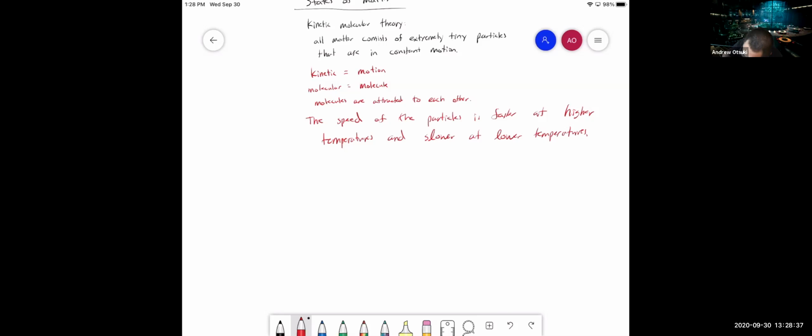So in a gas, particles are moving fast and far apart.